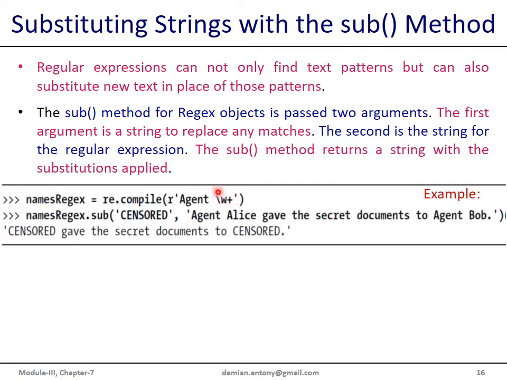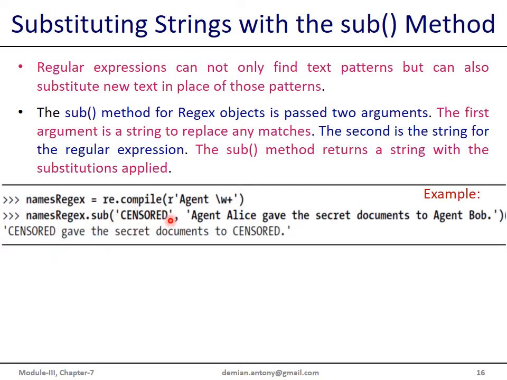That means at least there should be one letter here. This is the pattern that we are going to look for, one or more letters, and if we get this kind of pattern, we have to substitute it with the substitute text. That's what we have to specify in the sub method.